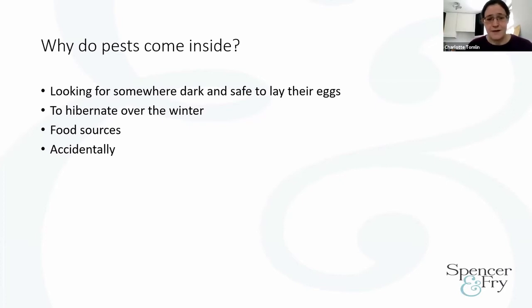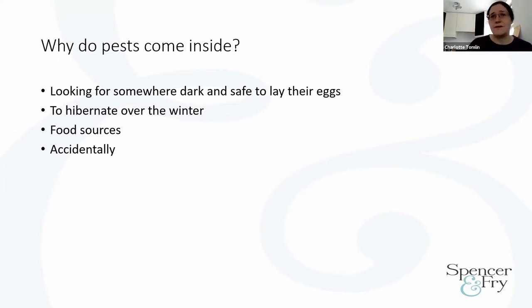And it just so happens that museums are very often dark and safe. We don't often disturb areas such as stores and exhibitions. So there are lots of different places where they think might be a good place to lay their eggs.